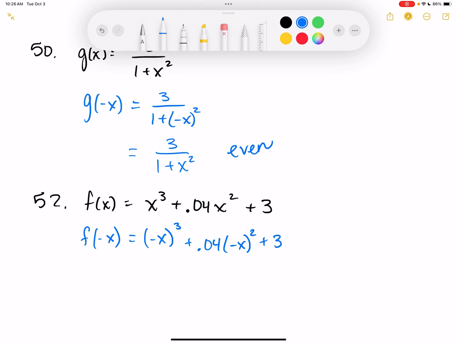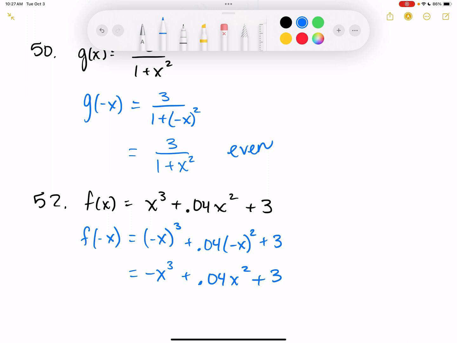So the negative x cubed is staying that way. Then 0.04 times negative x squared becomes plus 0.04x squared, and then plus 3.